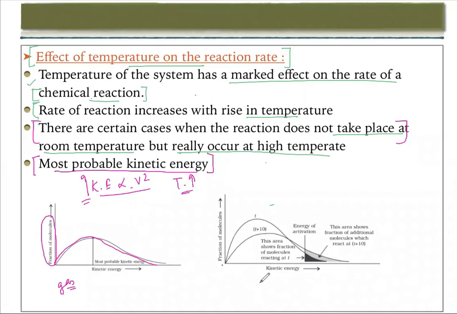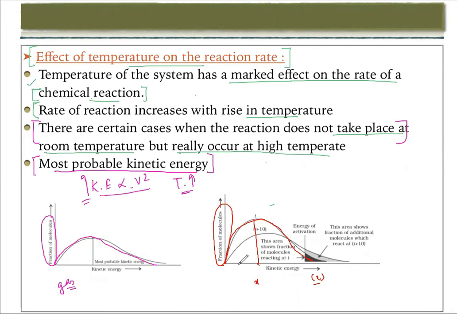So here is a picture to show you the concept with better clarity. You can see in this picture the fraction of molecules on the y-axis and the kinetic energy on the x-axis. Okay. Now look at this graph. If we consider the kinetic energy at some point, let us call it x.